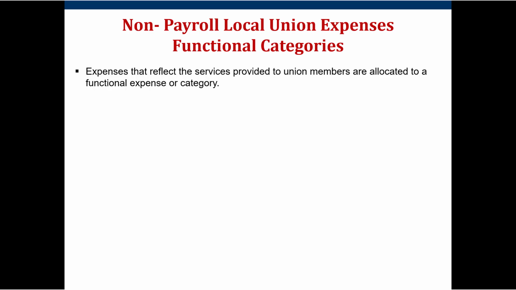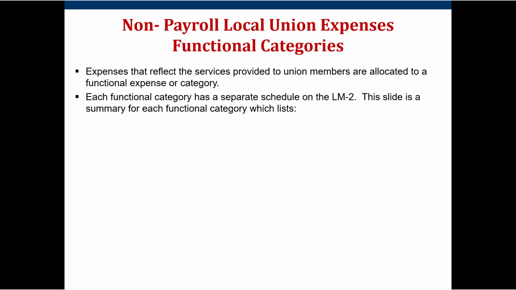Non-payroll, local union expenses, and functional categories. Expenses that reflect the services provided to union members are allocated to a functional expense or category. Each functional category has a separate schedule on the LM2.